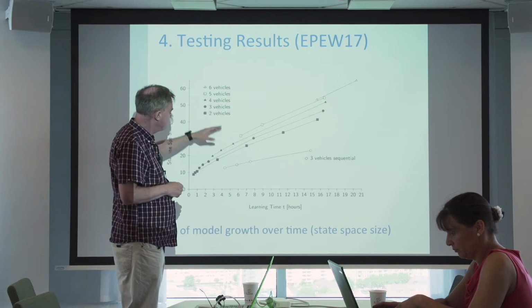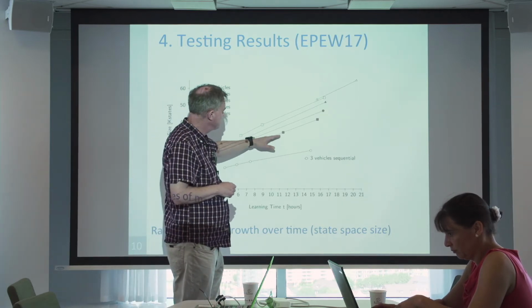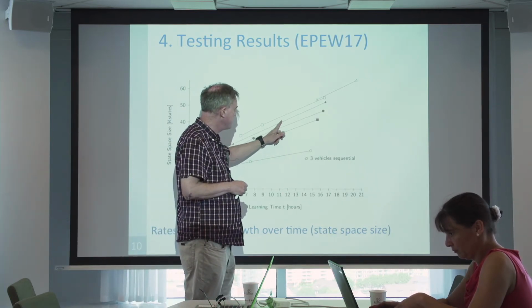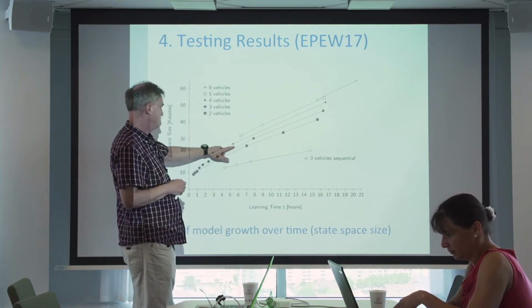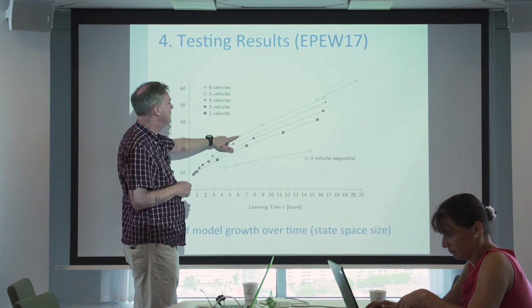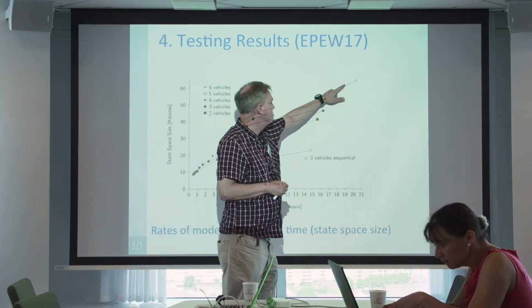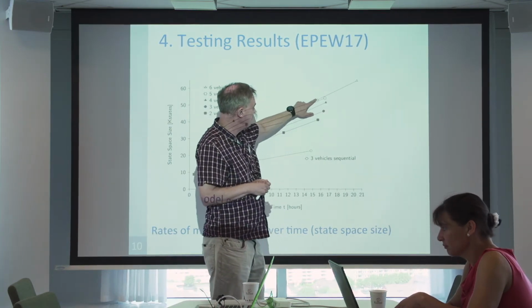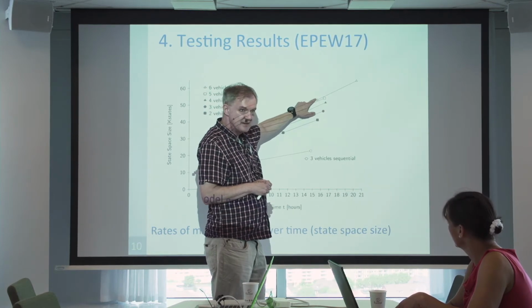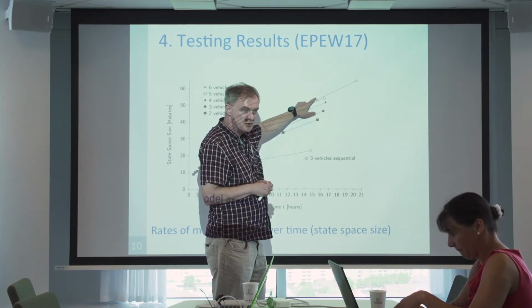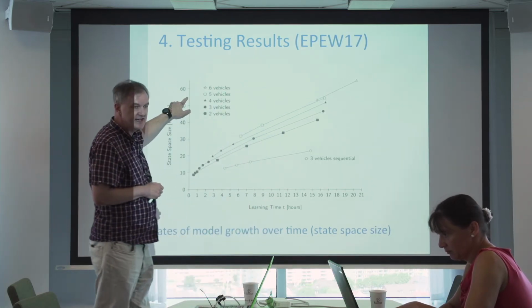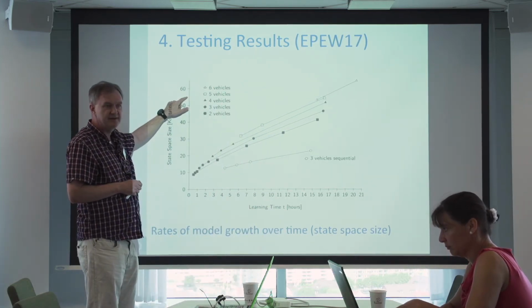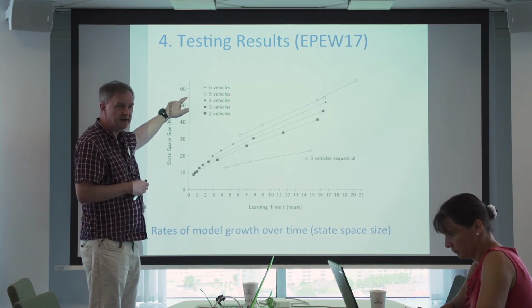We can see we've graphed for platoons of different sizes. So basically the sizes go up, okay? Where do we start here? Is it 2, 3, 4, 5, and there's 6 up there. So notice that the initial model that we get for a 6-vehicle platoon, the smallest initial model is already about 55,000 states, okay? And it takes off from there.